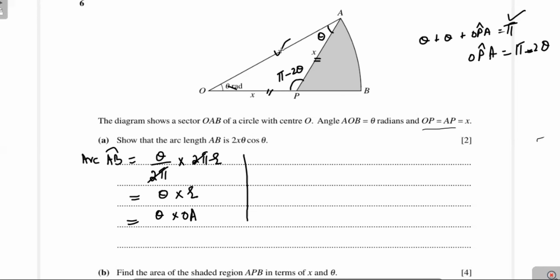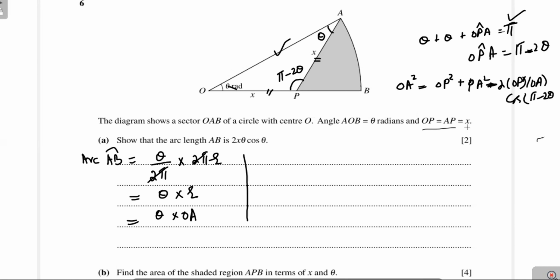Now we can find the length OA by using the cosine rule. OA squared equals OP squared plus PA squared minus 2 into OP into PA into cos of the angle between them, pi minus 2 theta.